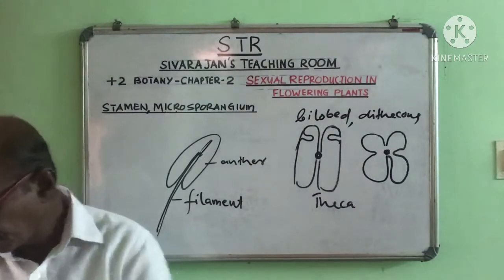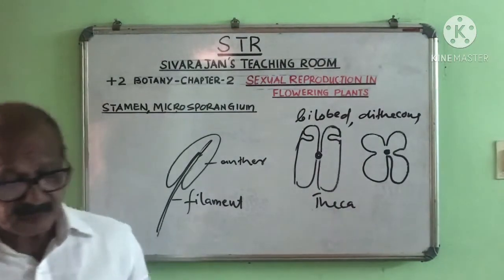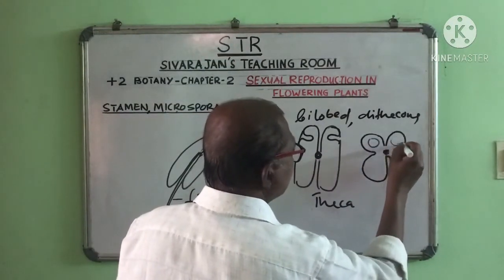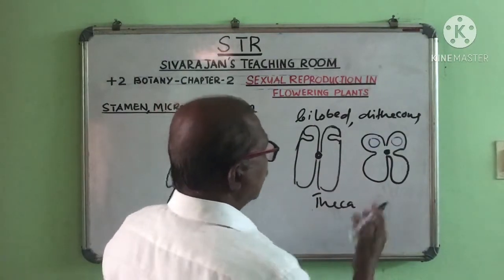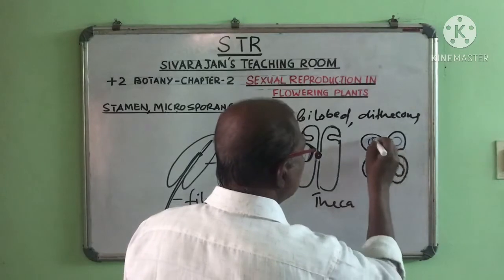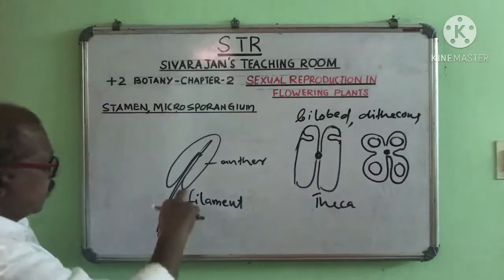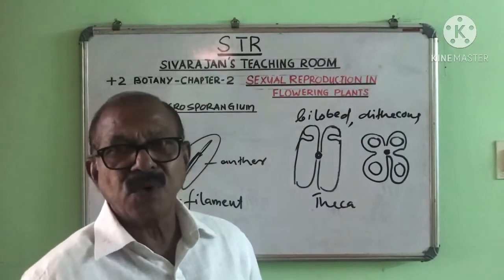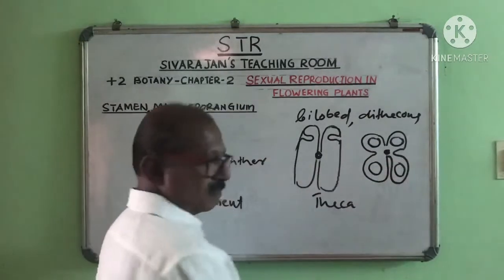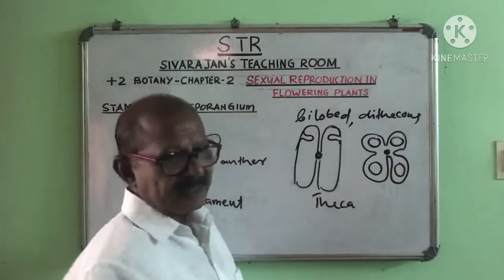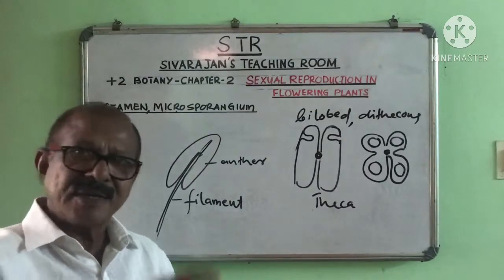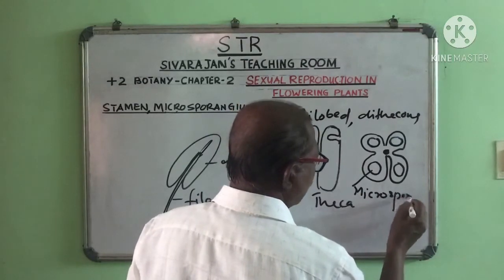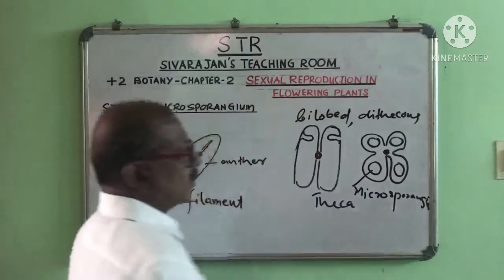And the anther has four cavities running lengthwise, at the four corners of the anther, and these cavities are called microsporangia.